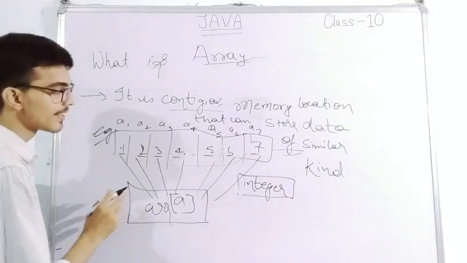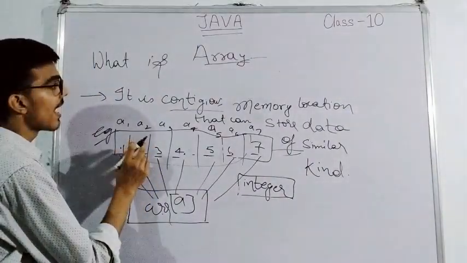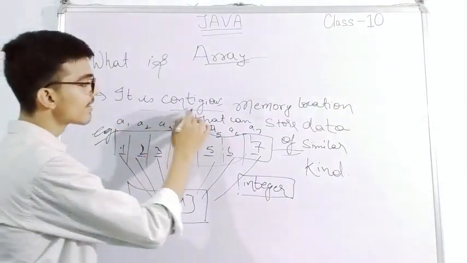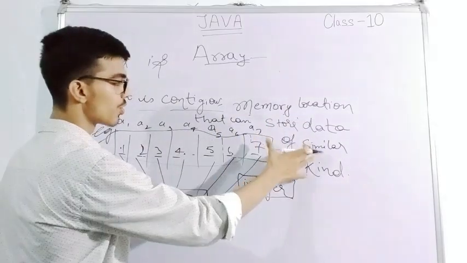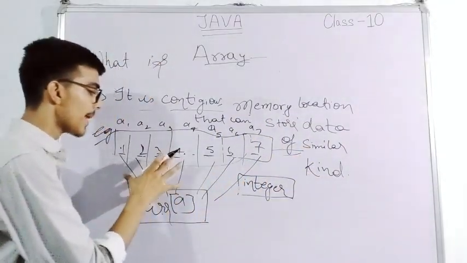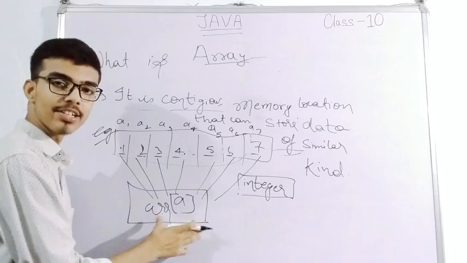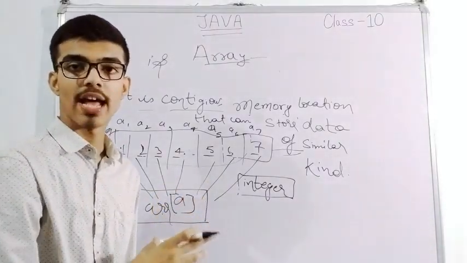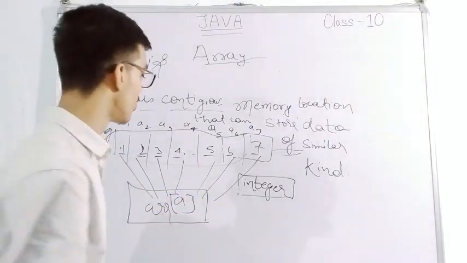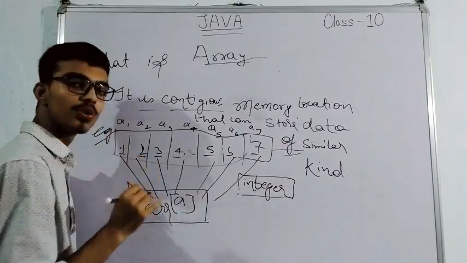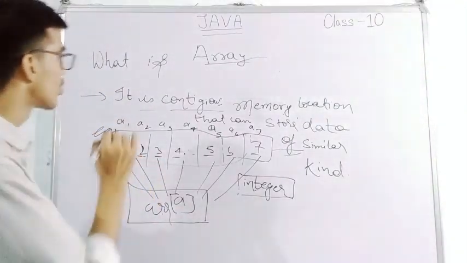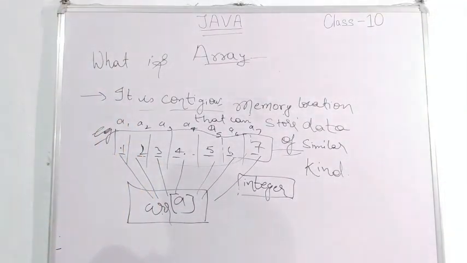So we can say that this is an array. It is a contiguous memory location that can store data of similar kind, and one element can store different values at the same time. This is the use of array. So copy down till here.